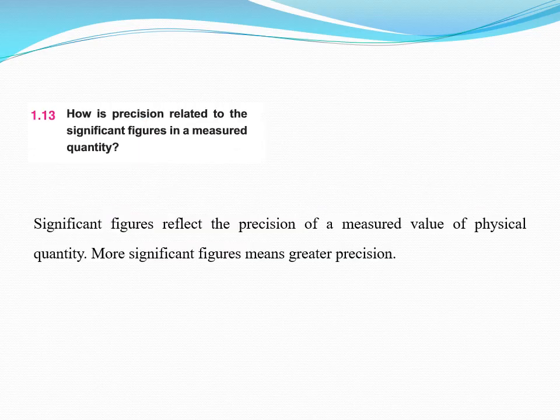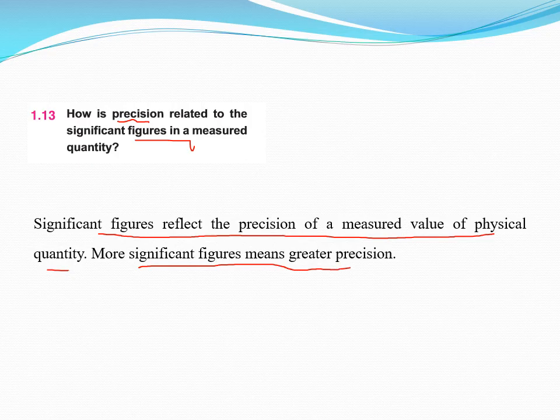In question 1.13, how is precision related to significant figures? Significant figures reflect the precision of the measured value of a physical quantity. More significant figures means greater precision. For the sake of example, suppose a measurement has the numerical value 2.2 centimeter. Here there are two significant figures.